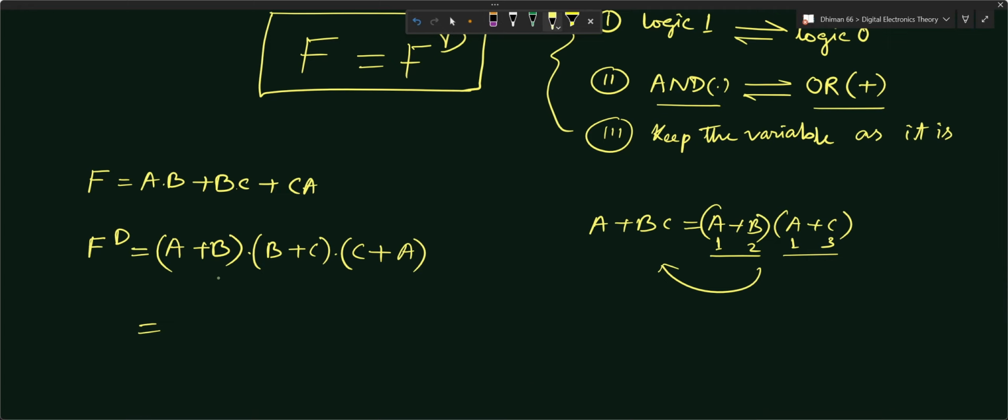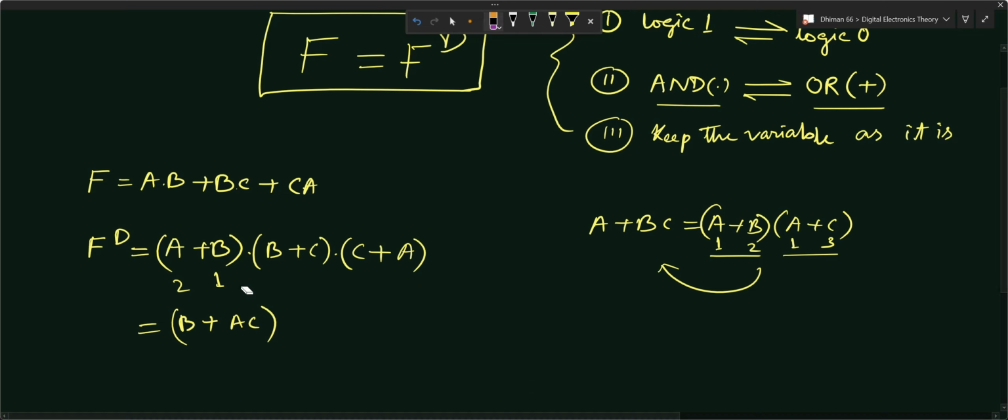So b is common here, so we number it as 1, this is 1, this is 2, this is 3. So we have to write 1 plus 2, 3. So we can write b plus ac. I hope you are clear up to here.